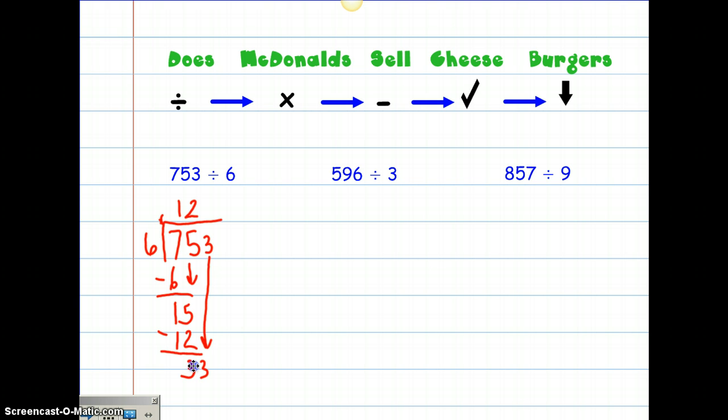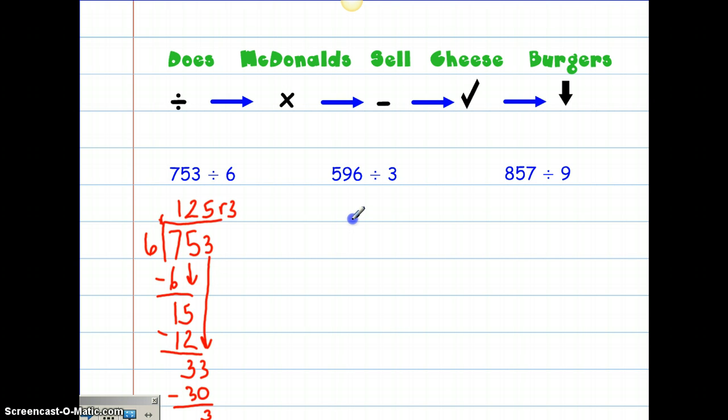How many times does 6 go into 33? Well, that's easy. That's 5 times. 6 times 5 is 30. Subtract, and that gives me 3. Is 3 smaller than 6? Yes, it is. So that means that my remainder is going to be 3. And my answer is 125, remainder 3.